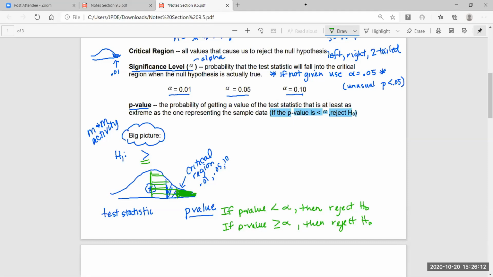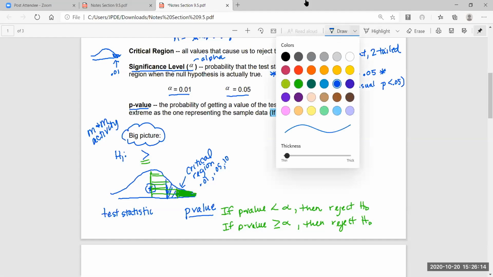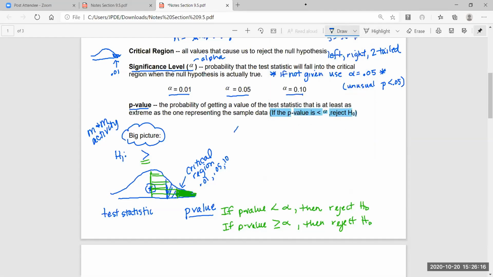Okay, let me give you another big picture. Because right now you might be kind of scratching your head a little bit going, okay, let's say our alternative hypothesis had a less than. So here, our critical region would be over here, significantly less than. So this is our critical region.